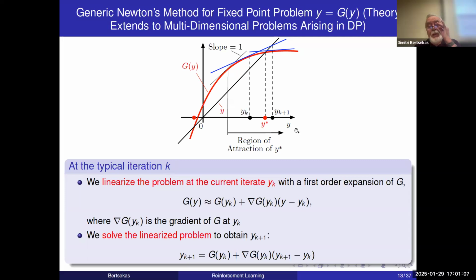Now, this Newton's method is what you see in calculus books for one dimension, visualize it. But the theory of Newton's method, the superlinear convergence theory, extends very broadly to multidimensional problems, as well as problems where G is not differentiable. Is piecewise linear, for example.